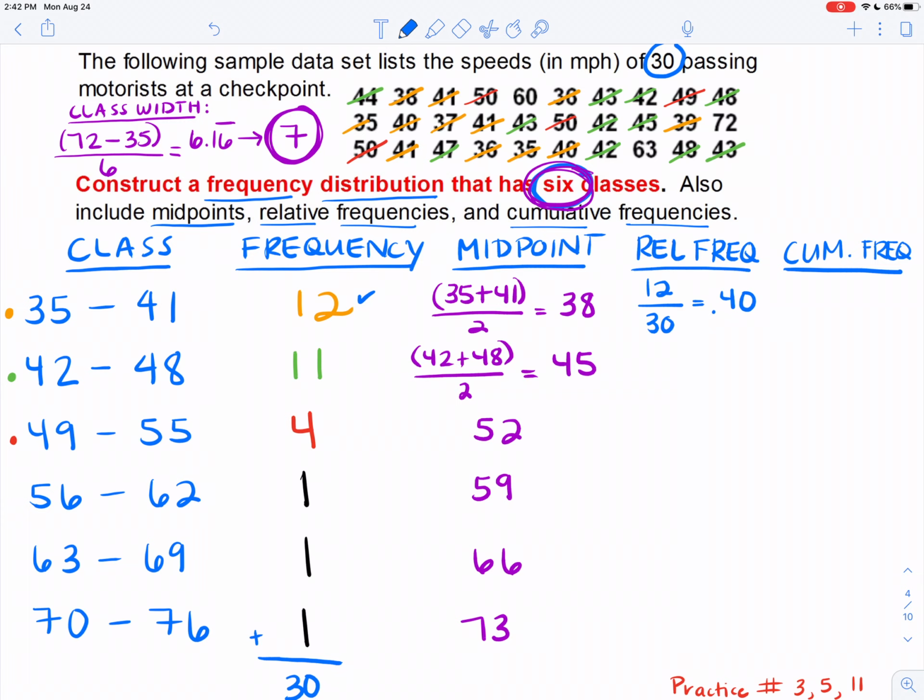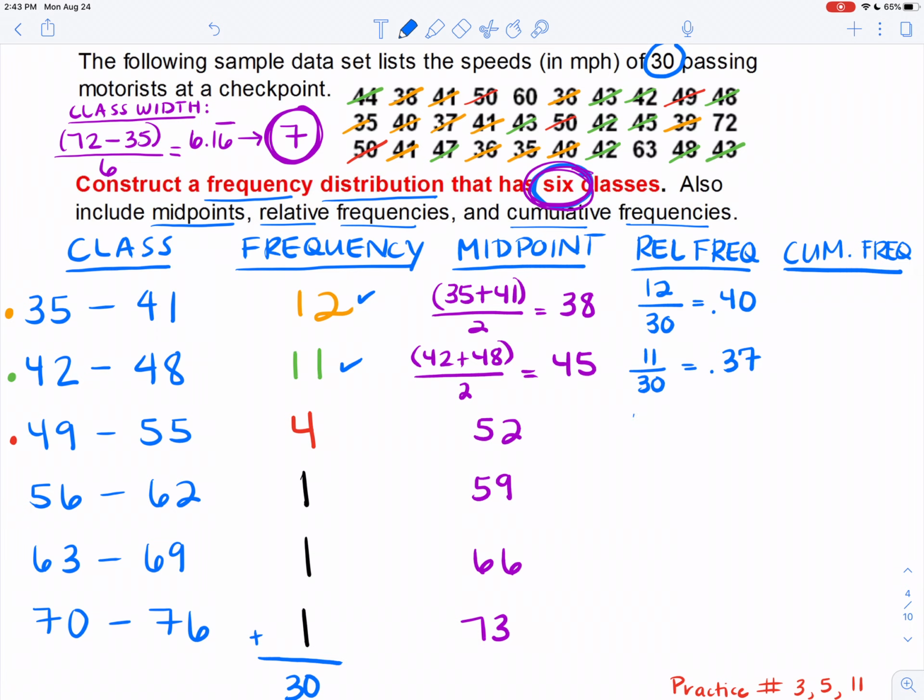So class number 2 has a frequency of 11. Divide that by the total frequency. Now I'm getting 0.36 repeating. So round this to 2 or 3 decimal places, depending on how your stat lab asks you to round it. It has a relative frequency of 0.37, or 37% of the data.